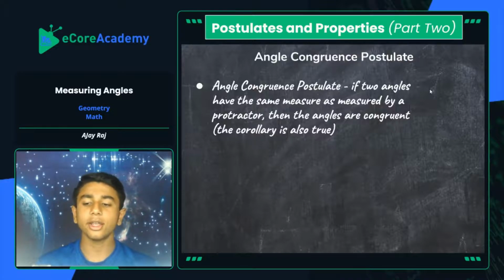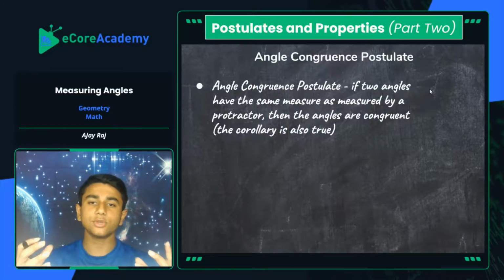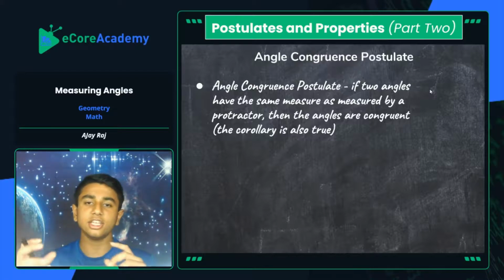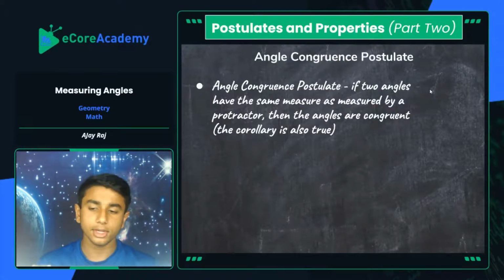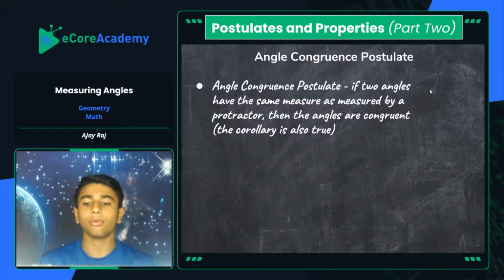So all this is saying is, if you're given two separate angles and each one is measured by a protractor and they each give a value of 70 degrees, that's basically saying that they both have the same exact angle measure, since 70 degrees is equivalent to 70 degrees by the reflexive property of congruence, we can see that both of those angles must be congruent.